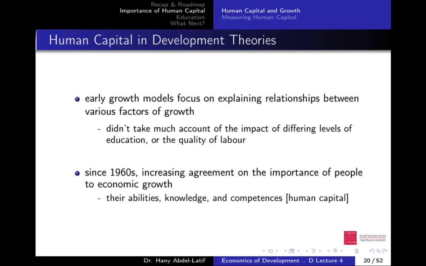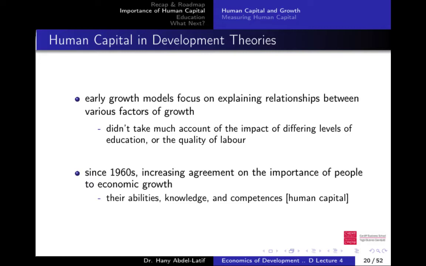However, this hasn't been a formal way of thinking in economics before the 1960s. Early growth models usually focused on explaining the relationship between different factors of production and how they affect economic growth, but they didn't really take much account of education or the quality of labor.